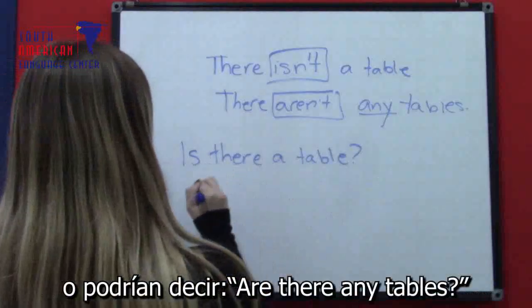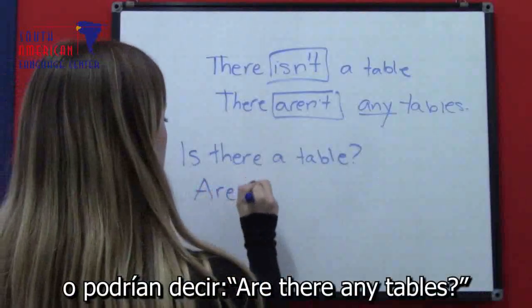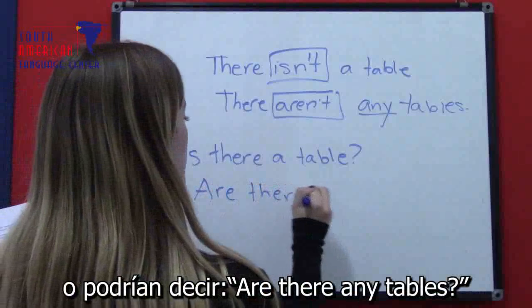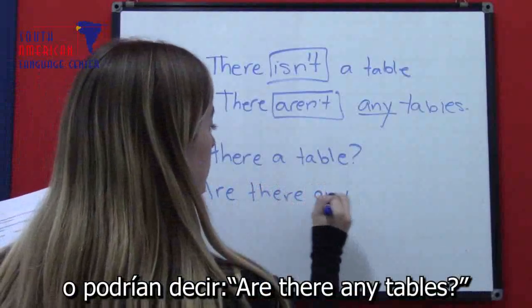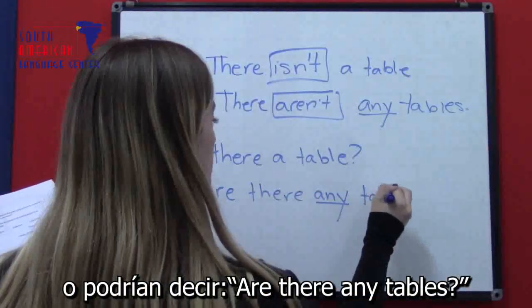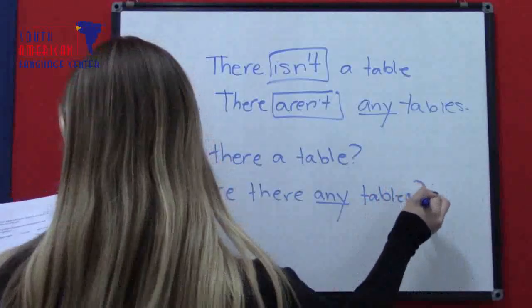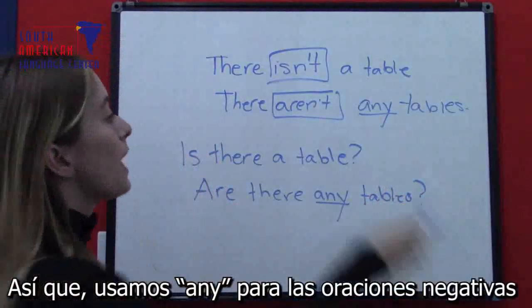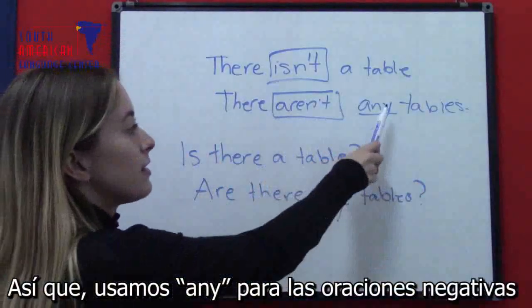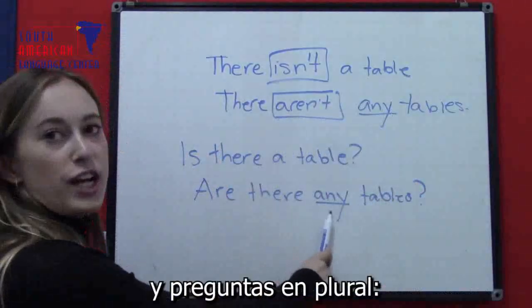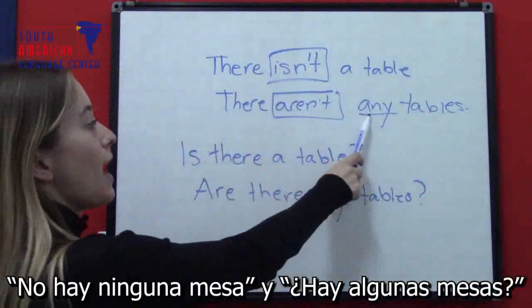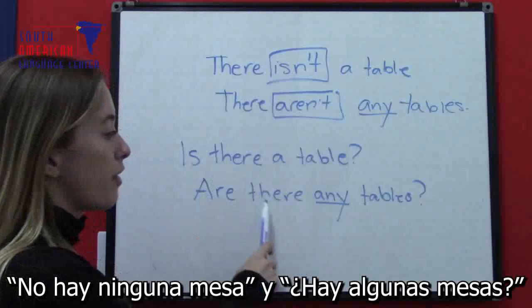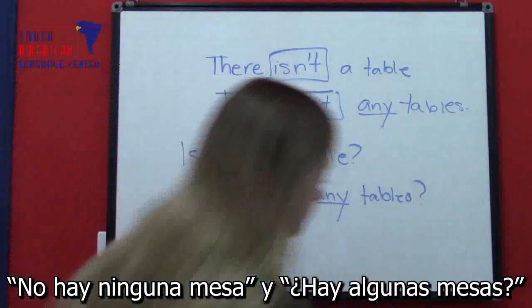Or you could say, are there any tables? So we use any for the negative sentences and plural questions. There are not any tables, and are there any tables?